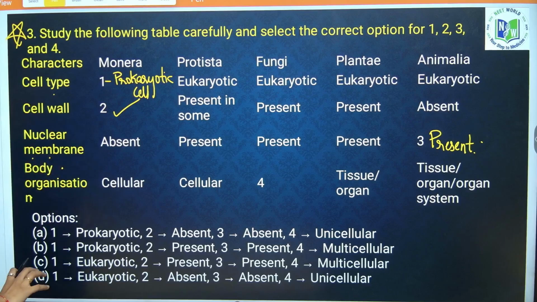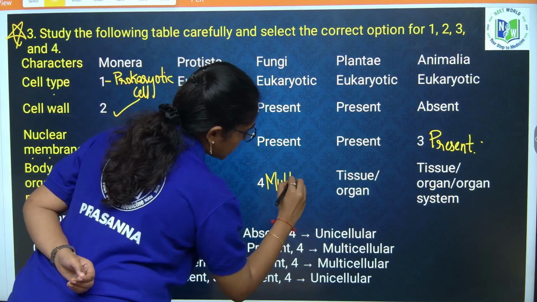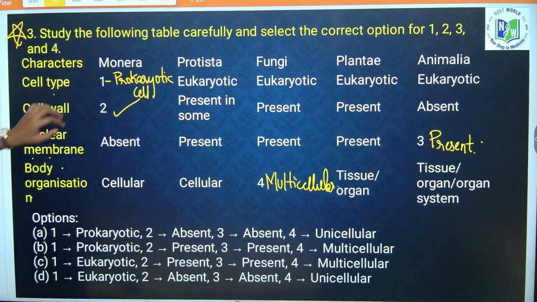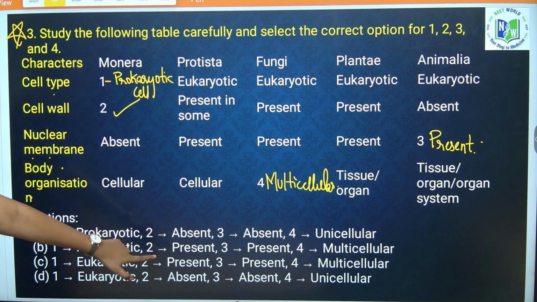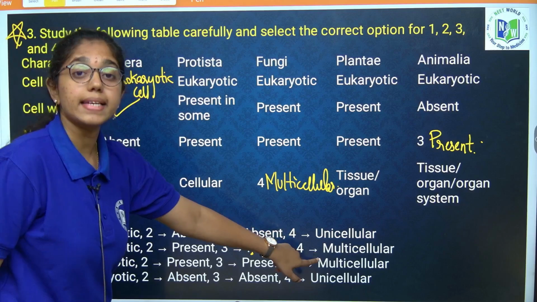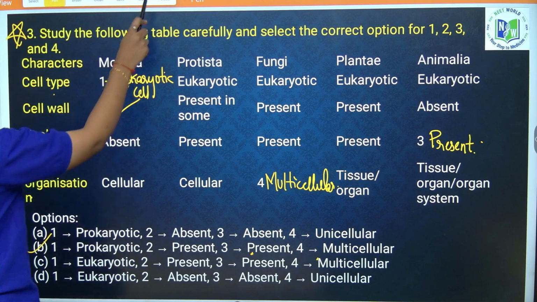Body organization in fungi will be multicellular. So now you look into the options. 1 is prokaryote, 2 the cell wall is present, 3 nuclear membrane is present, 4 body organization is multicellular. Then what will be our option? Option 2 is the correct answer.